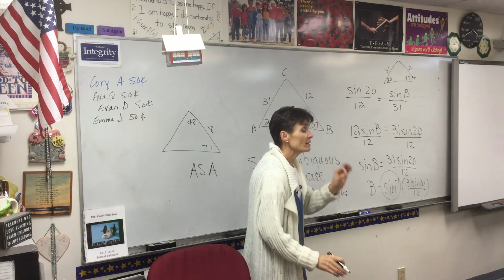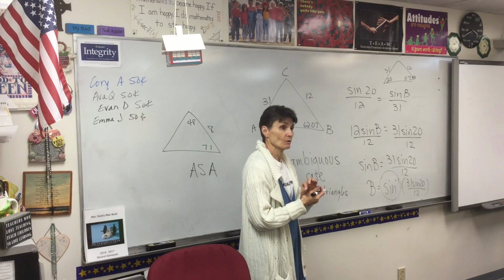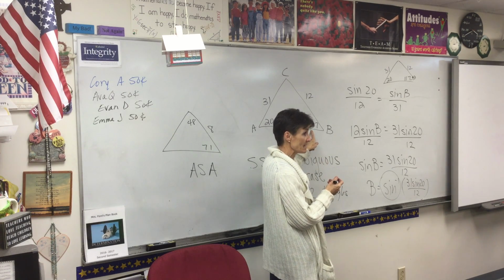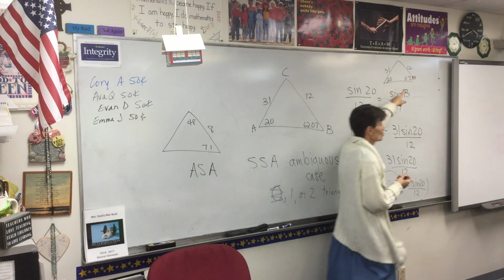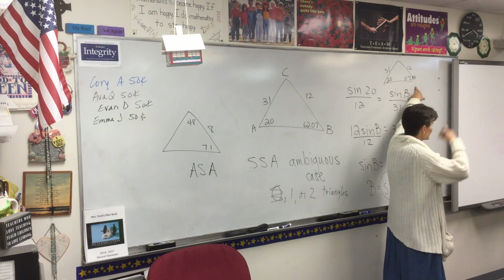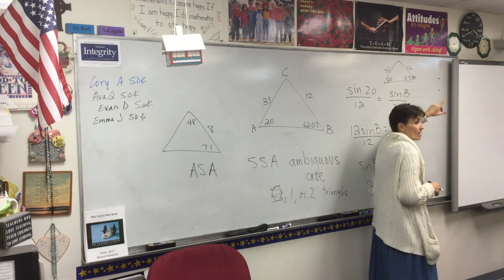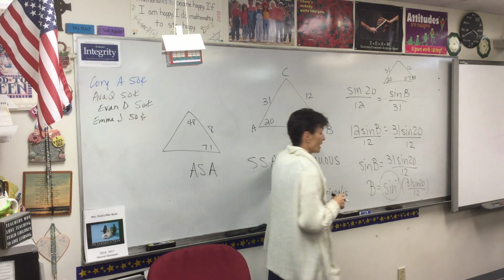So if there is a second answer, you find it by doing 180 minus the first one. Always 180 minus the first one. The first what? The first angle that you found.